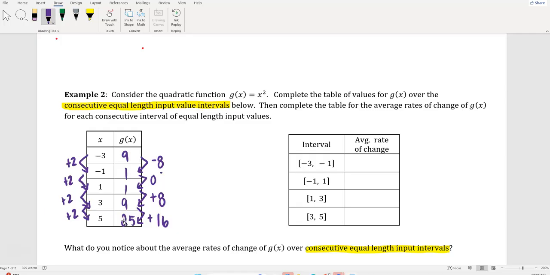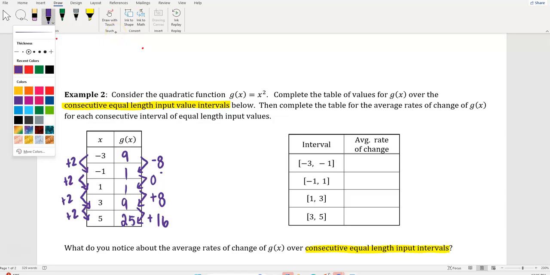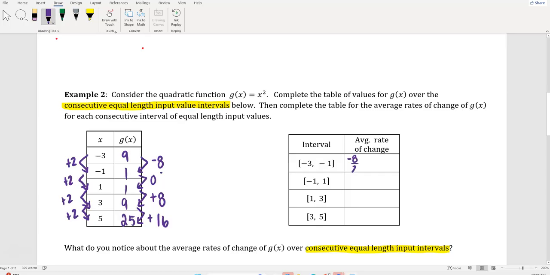But I want us to notice something about what's happening, right? My average rates of change here, I could do slope formula to find this, but I already have my change in y, and I already have my change in x. So if I want to do the average rate of change here to find the slope between the endpoints, all I've really got to do is do negative 8 over 2, which will be negative 4.